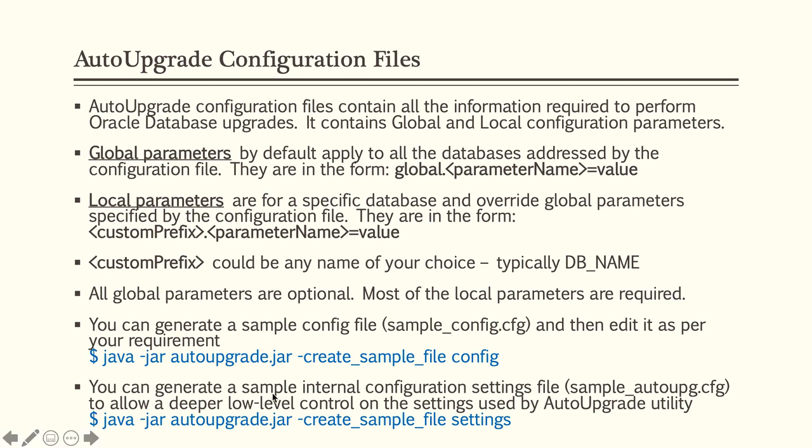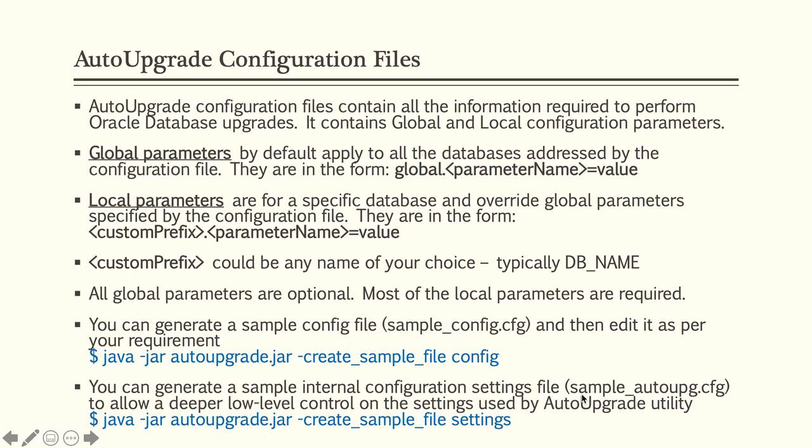Then you can ask, tell me what are the parameters that the auto upgrade utility itself internally consumes, not part of the config file, but settings. Then you can ask to dump the settings by saying java jar autoupgrade create_sample_file, and in this case instead of config you need to pass settings.